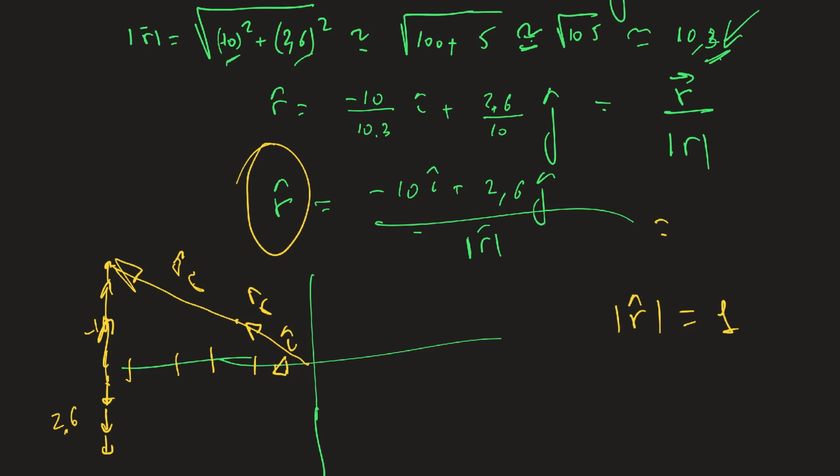So it will be minus 10 divided by 10.3 in the i direction plus 2.6 divided by 10.3 in the j direction, and if you calculate this squared plus this squared, it will give 1. So it's easy, no problem. Let's go to the next problem.